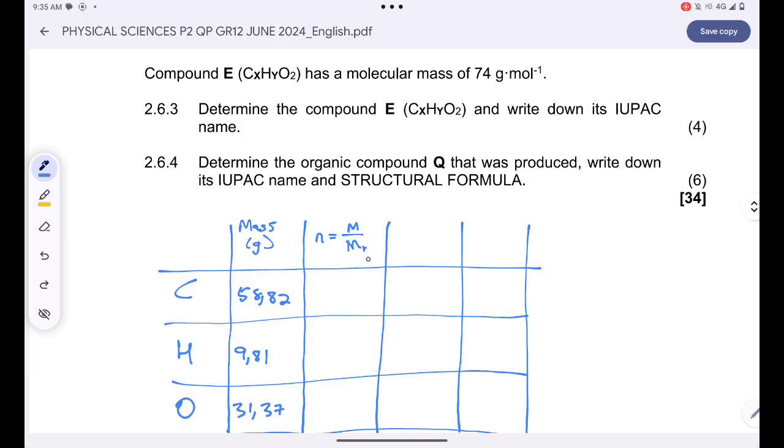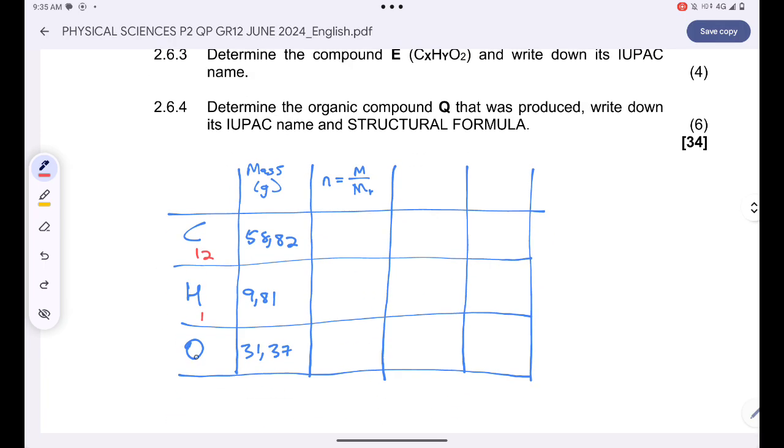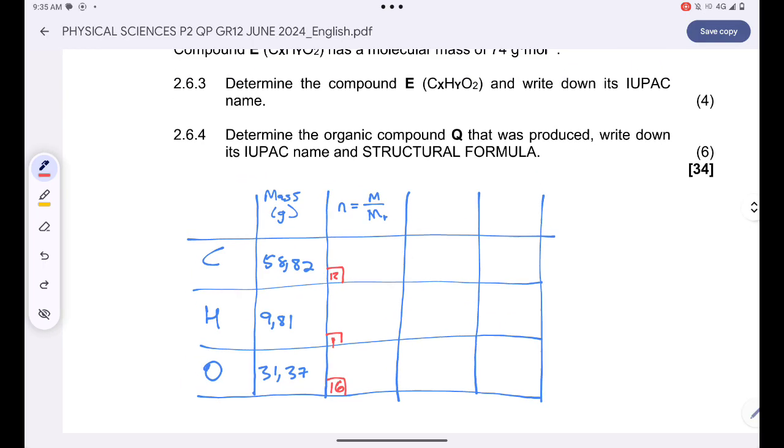And then all you have to do is find the number of moles: mass over the relative atomic mass. I just divide the mass by the molar mass. Remember that the molar mass for carbon is 12, hydrogen is 1, and for oxygen it is 16.